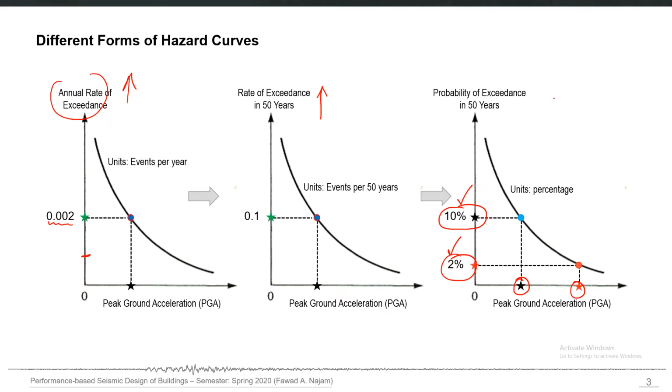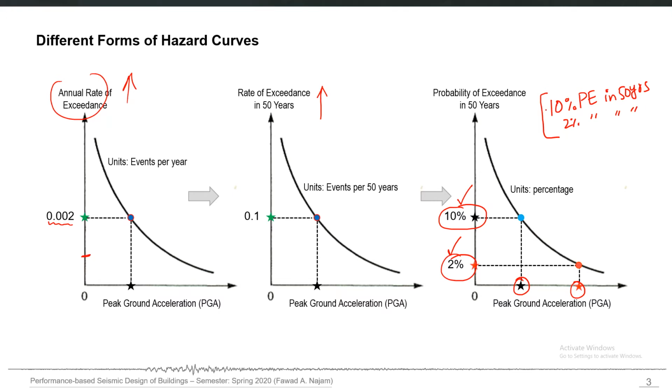You can call them the standard hazard levels on which you perform different analyses when you follow different building codes.